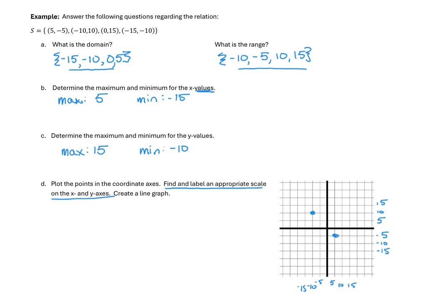All right, the next one we have is 0, 15. And so 0, 15, be very careful with this one. 0, 15, we are not going to go left and right because my first number is 0. But I do want to go up 15. So we're going to go 5, 10, 15, and we will end up here.